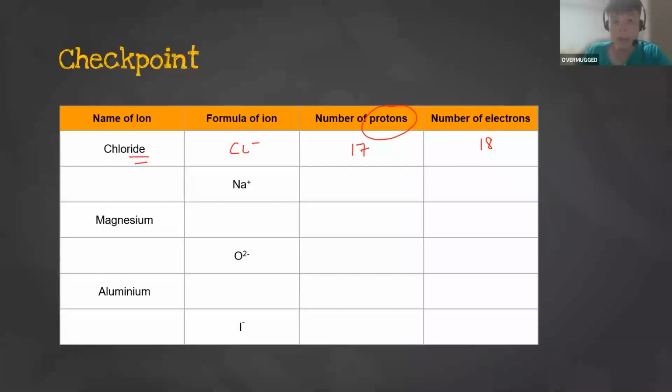Remember, number of protons equals number of electrons for atoms. Now we are dealing with ions already, so it means they gained or lost electrons. Now there's a charge imbalance. That's why there is a charge. These are not atoms anymore.